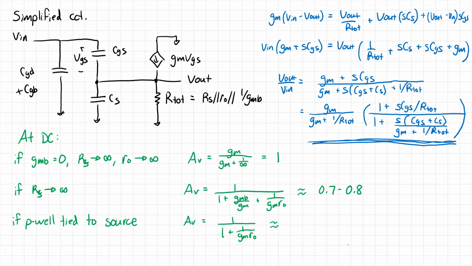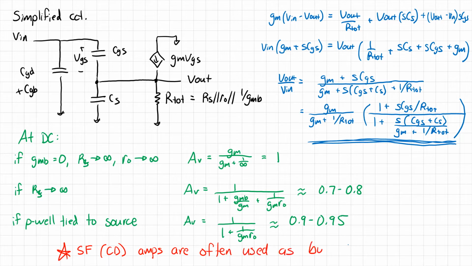In many CMOS processes, this will be on the order of 0.9 to 0.95. So the short story here is that the source follower, otherwise known as the common drain amplifier, is often used as a buffer.